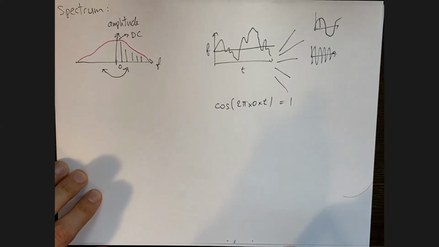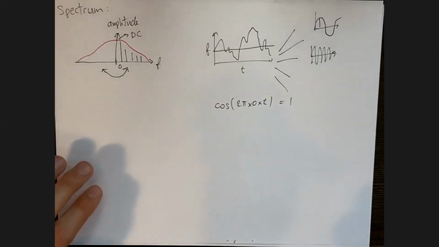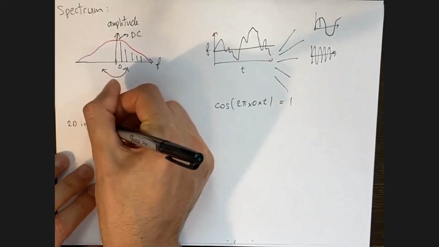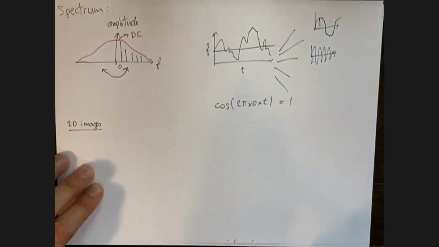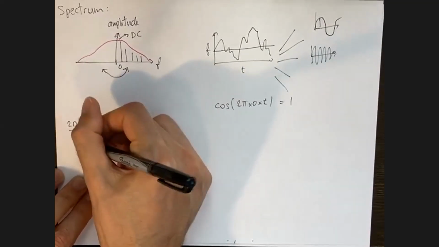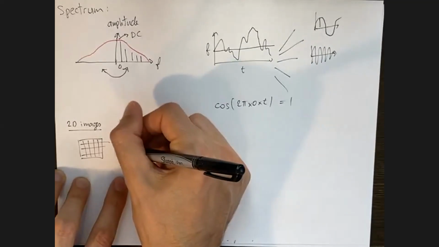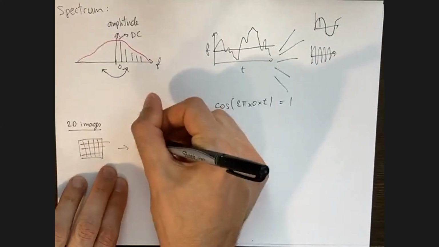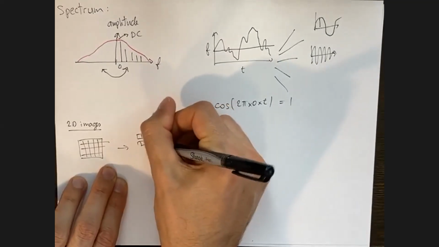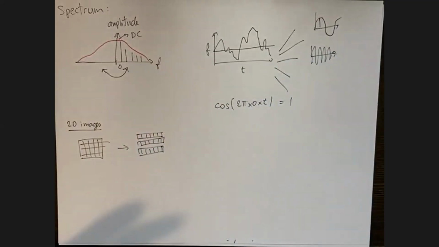So now I would like to move on and try to apply this concept of frequency to images. So what about 2D images? A 2D image, like I said, is an array of values, a two-dimensional function. But one way of looking at images is as a collection of one-dimensional signals. I can take, for example, the rows of the image, and each row of the image is a one-dimensional signal.